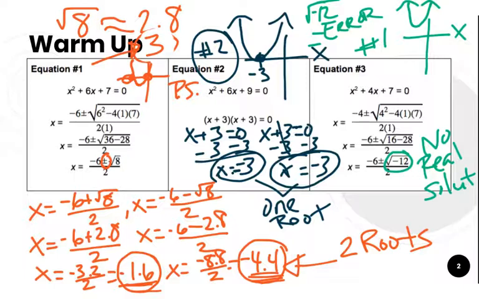So this goes back to the very beginning of the year where we had real numbers, or not real numbers. And this gets into imaginary numbers. So you're going to talk about that a lot in Algebra 2. But for our purposes, these numbers don't exist. They can't give me an answer. So anytime you have a negative inside that square root, it's not going to touch the x-axis. You're not going to have any answer you can put in for x.